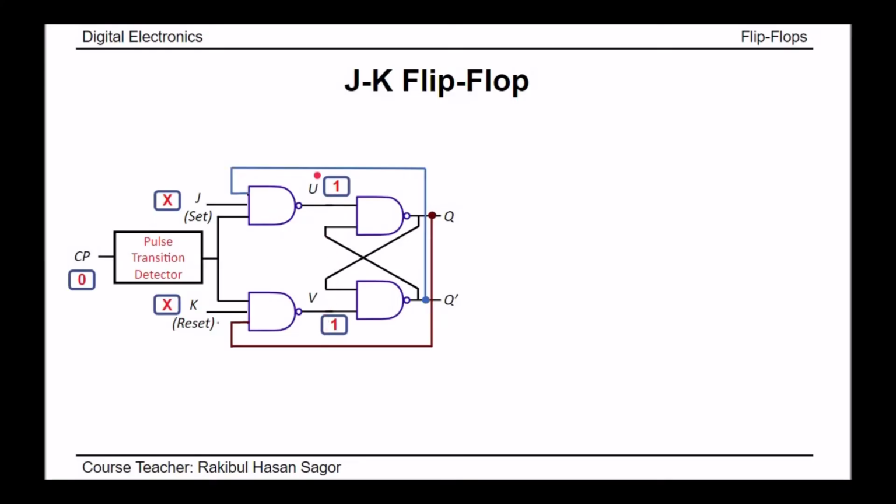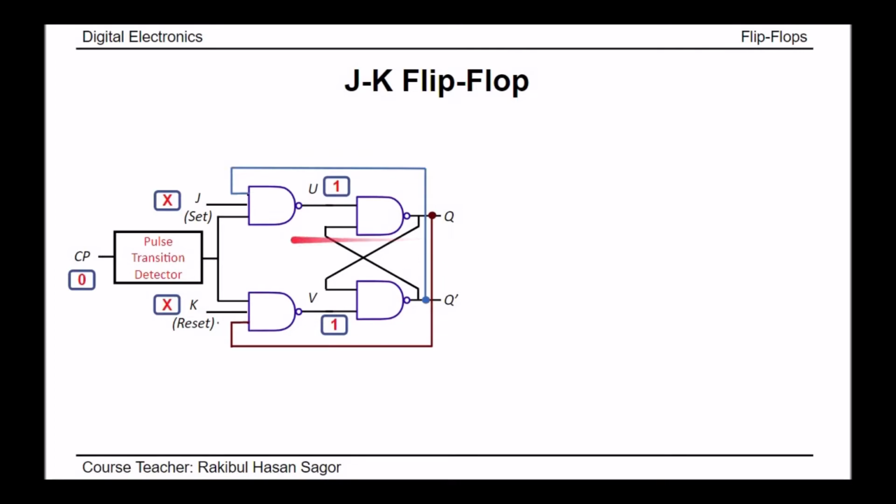Now look at this portion. This portion is nothing but our SR latch, and we know the operation of our SR latch. The value of U is 1 and V is 1. So if we have 1 1 here, the output will hold the previous value.